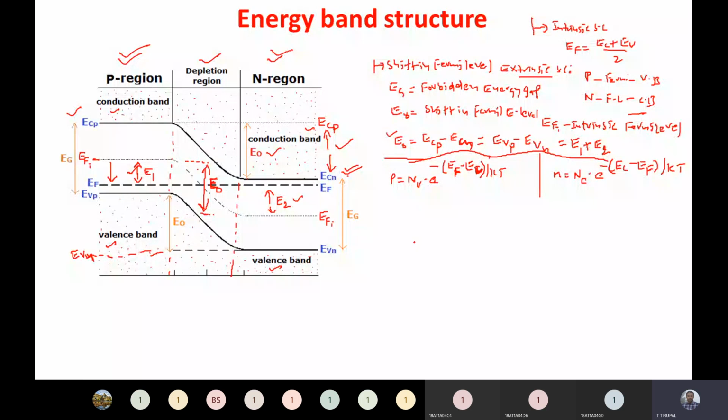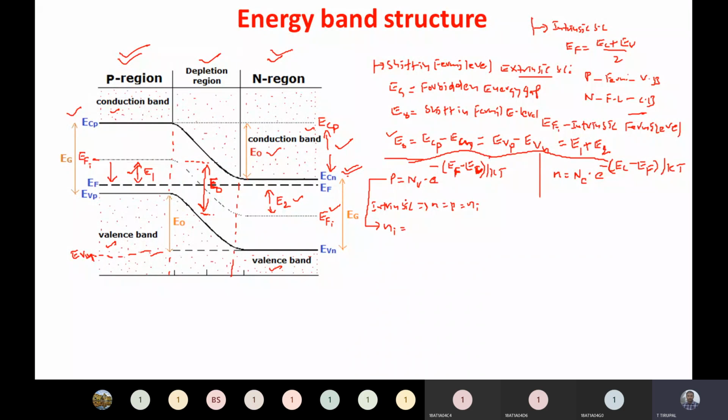Now, how do you represent this in terms of the intrinsic Fermi level? If it is intrinsic, what happens? Concentration of electrons is equal to concentration of holes, which is equal to the intrinsic concentration Ni. Now, if it is intrinsic, what Fermi level exists? The intrinsic Fermi level exists. So instead of P, I can write Ni, because N is equal to P is equal to Ni.